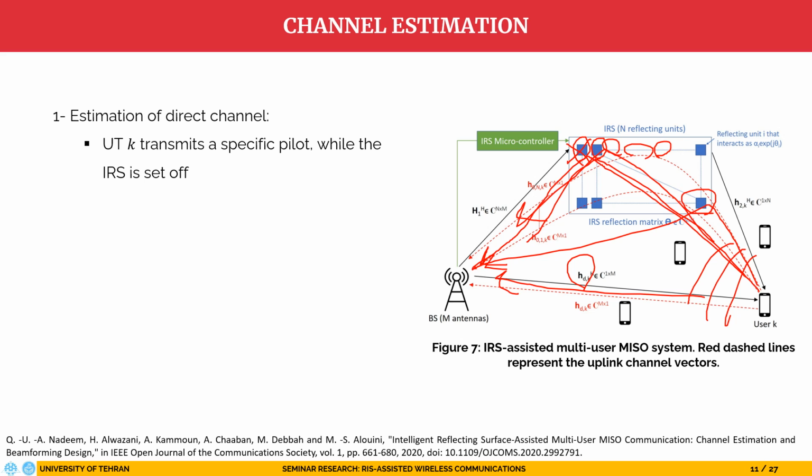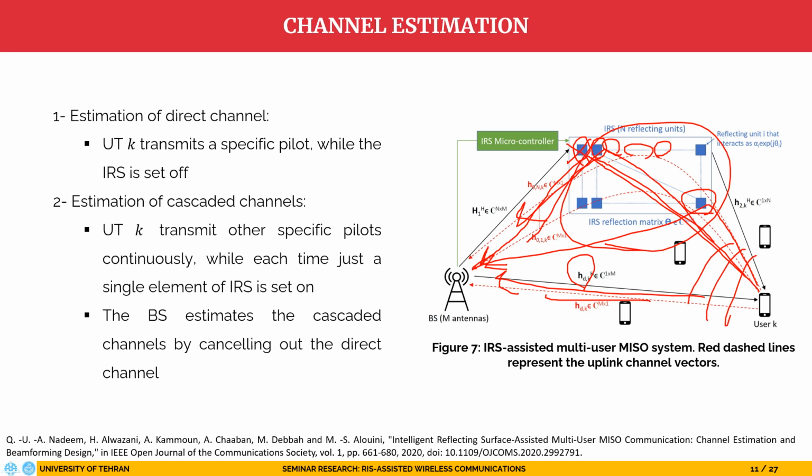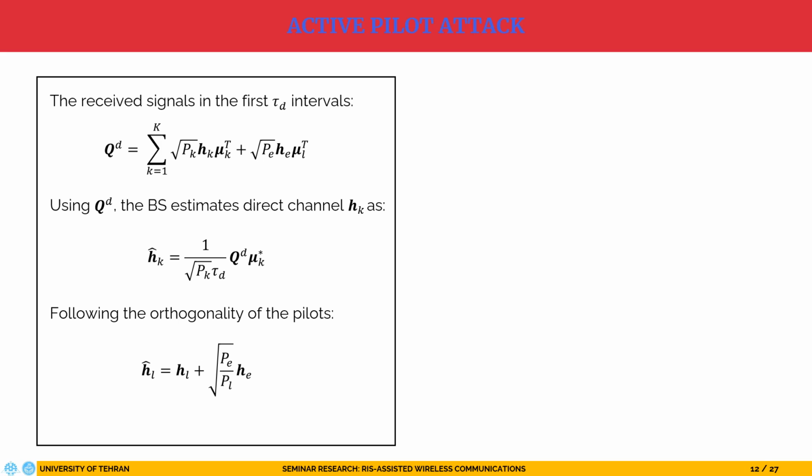As I said, the direct channel is estimated at first while all of the elements are off, and then with just one element on and the others off, the channel is estimated progressively until the last element. The active pilot attack is done at first while estimating the direct channel.